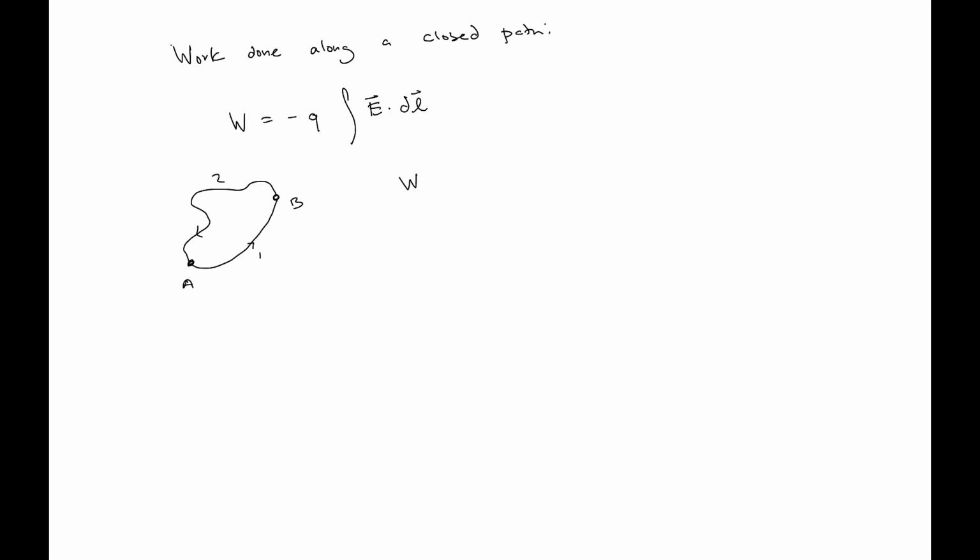If I wanted to calculate the total work, I would have to split this integral up into 2 chunks. The first chunk would be this first path when I started at A and I went to B, and that would be the electric field along that path, dot dl. And then the work along 2 would be, again, opposite direction from B to A, again dotting that along the dl.